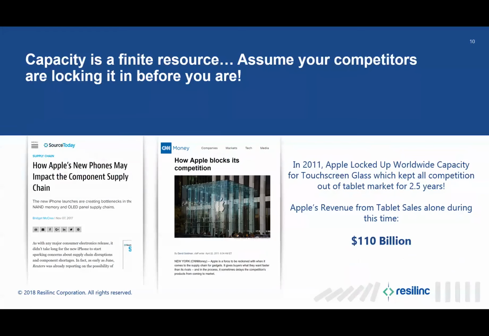So what's happening here is more and more of you will find yourself waiting in line, and the line is behind Apple, which is one of the giants in the space, a company which has been locking up supplier capacity for years to come and has almost made an art form out of capacity constraints and grabbing the market, as you see in this example.